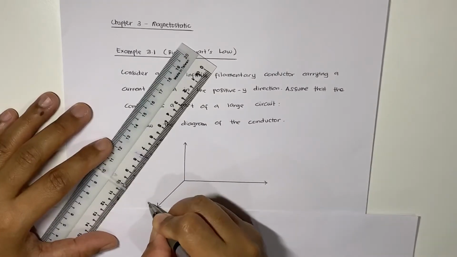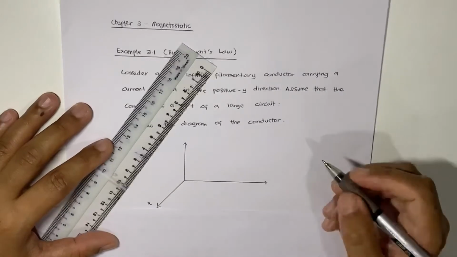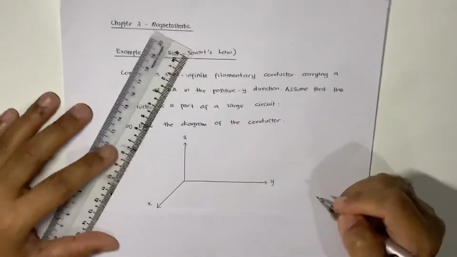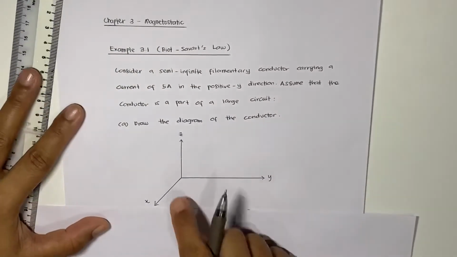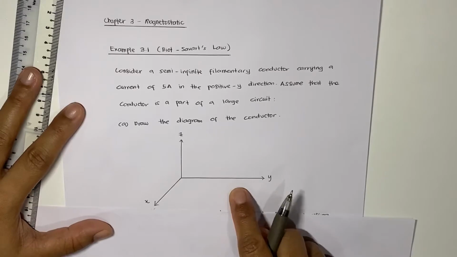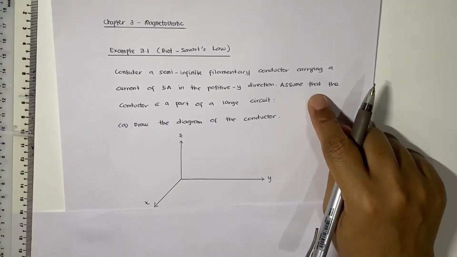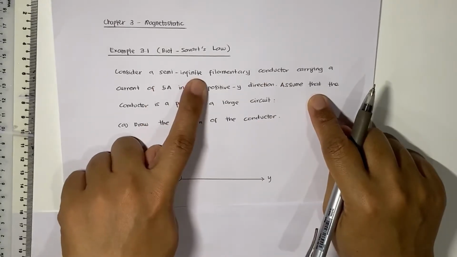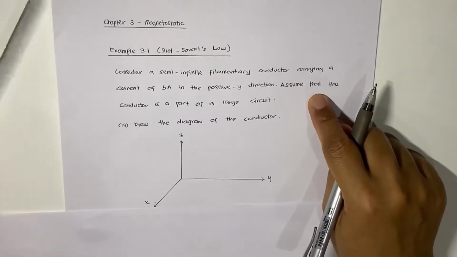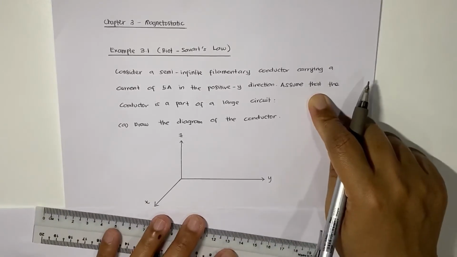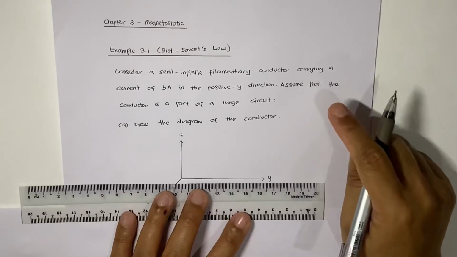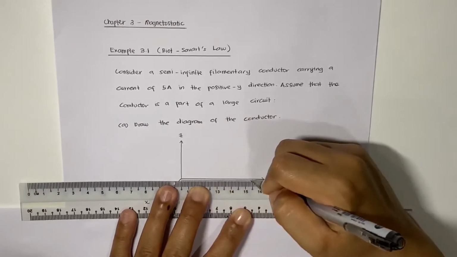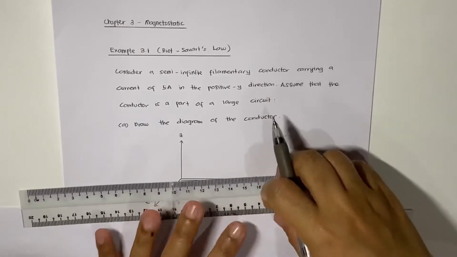This one is the x-axis, this one is the y-axis, and the z-axis. We have the conductor along the positive y direction. The question already mentions the conductor is semi-infinite, but it doesn't mention the length of the conductor, so I will draw it like this. This is the conductor along the y-axis.